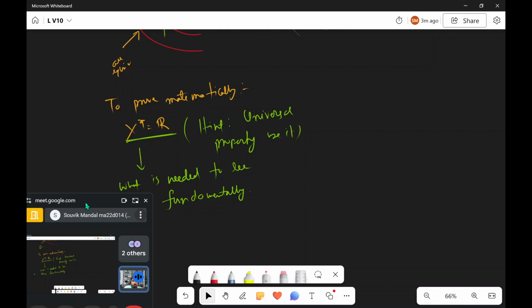So what is needed to be shown fundamentally in order to prove that x star is equal to R? That is equivalent to how to use the universal property. Can anyone please speak up?